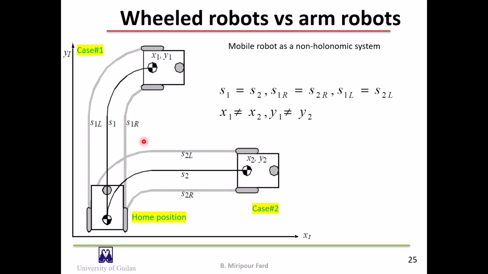Even though S1 is equal to S2 and the movement of the robot's wheels is the same in both cases, S1R equals S2R, S1L equals S2L, you can see that the robot is in different positions. This is what we call a non-holonomic system, and it is not seen in the case of an arm robot.